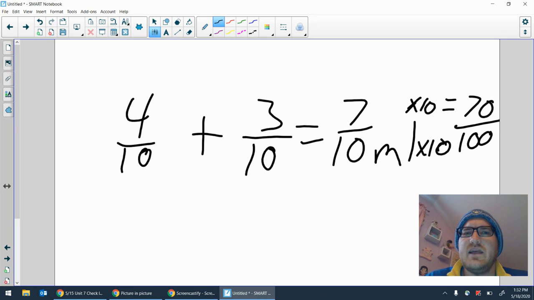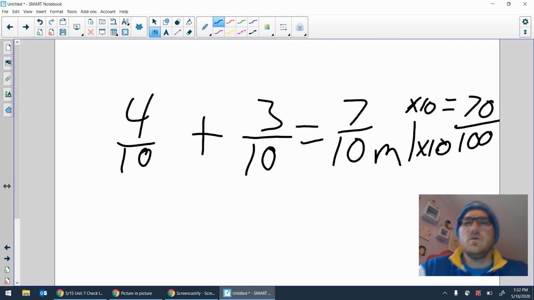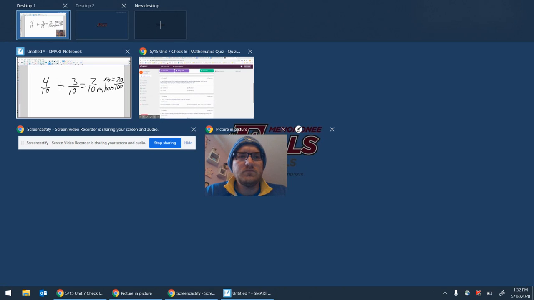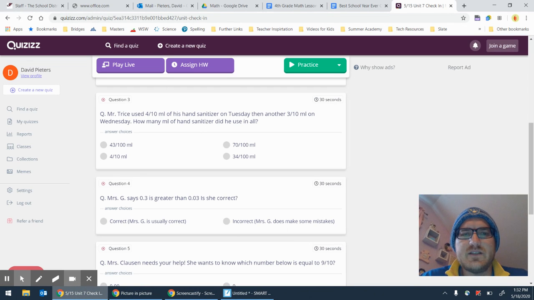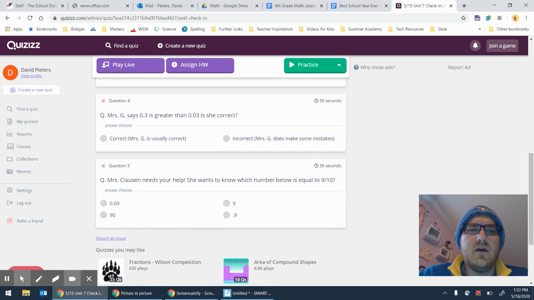And so that's where we got that from. The actual addition of it was pretty quick and easy because we have the same denominator, but then we had to convert it to hundredths. And so for us, the answer would have been 70 hundredths for that problem.